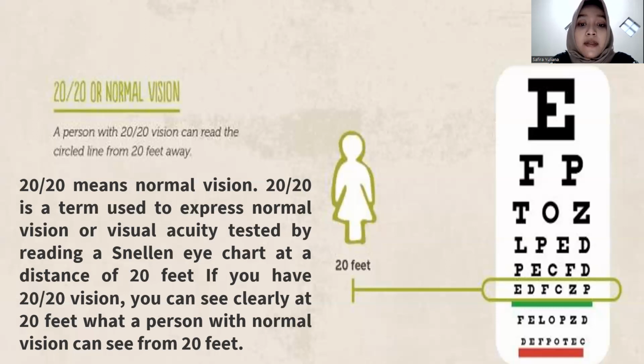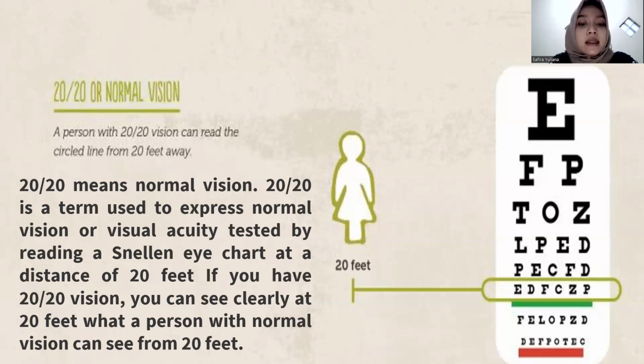Can your vision be better than 20/20? Yes, having 20/20 vision means you have normal or average vision. Contrary to popular belief, this number is technically not considered perfect vision. Some people, mostly children, have vision that's better than 20/20, like 20/15 vision or 20/10 vision.